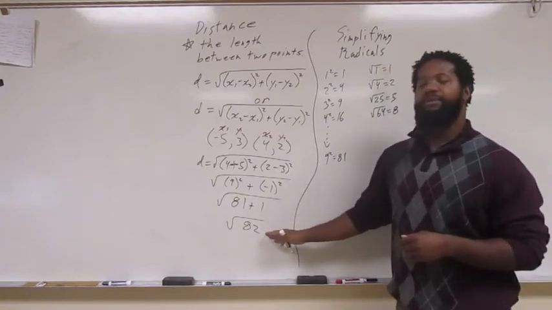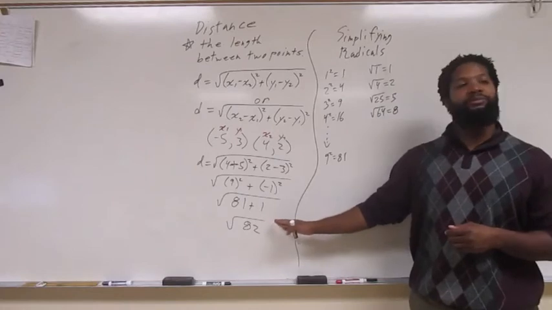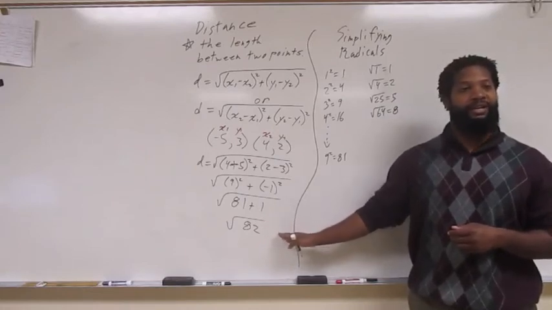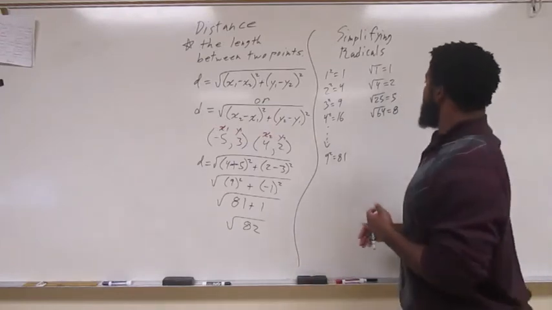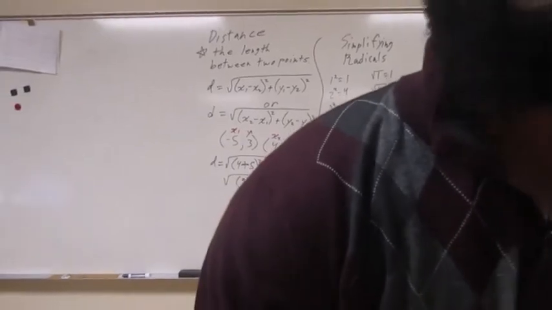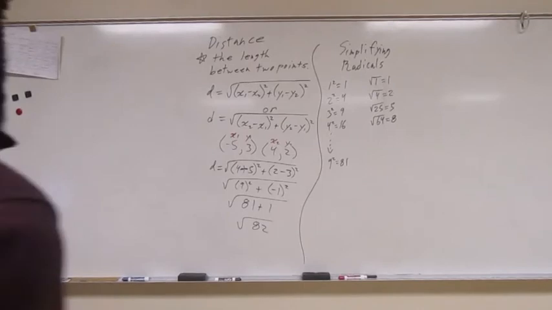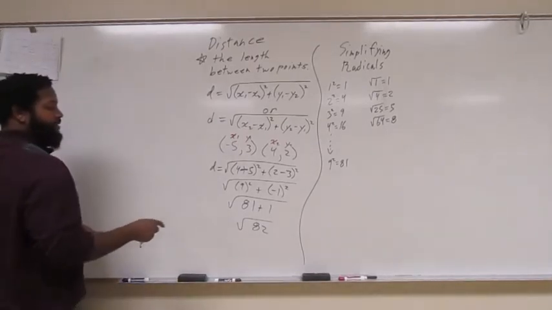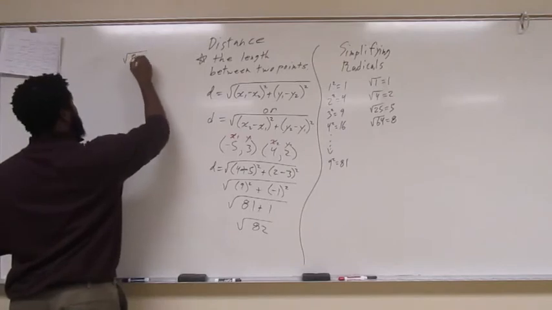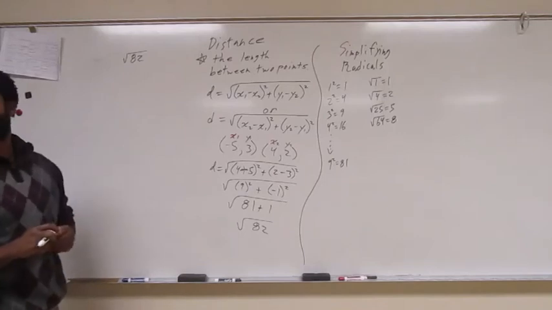And when you're simplifying radicals, you have to ask yourself how many perfect squares go into this number. Let me write it over here. So you have the square root of 82, right? This is when we put the Christmas tree into effect.